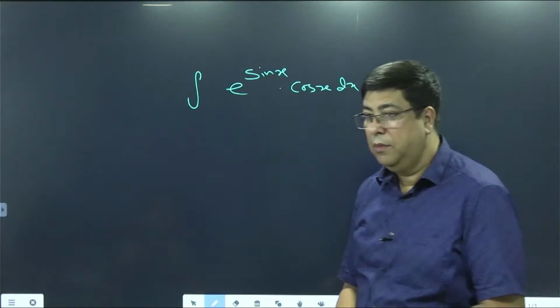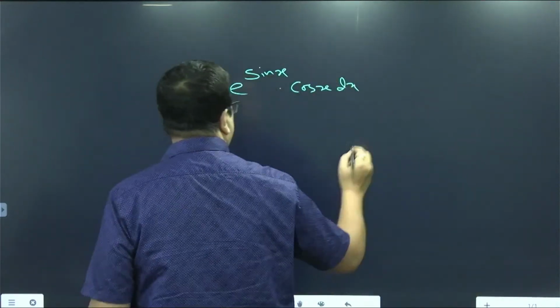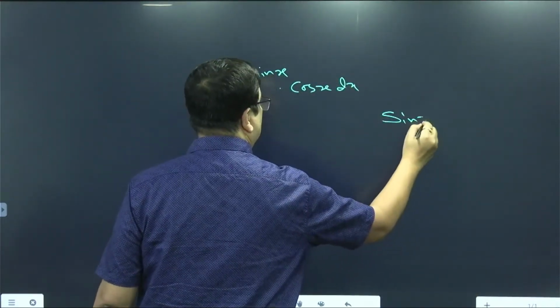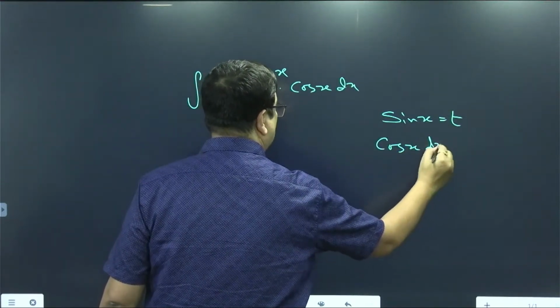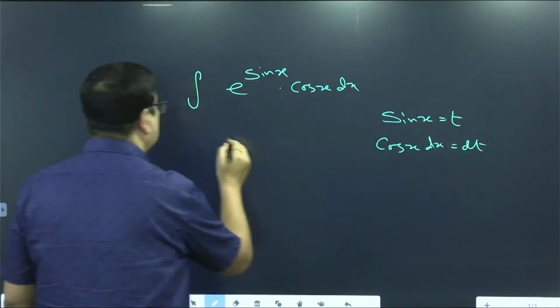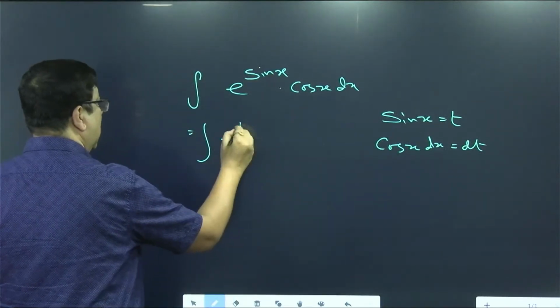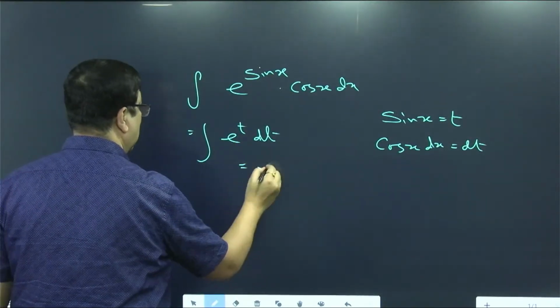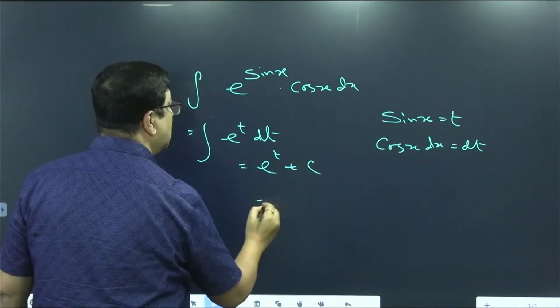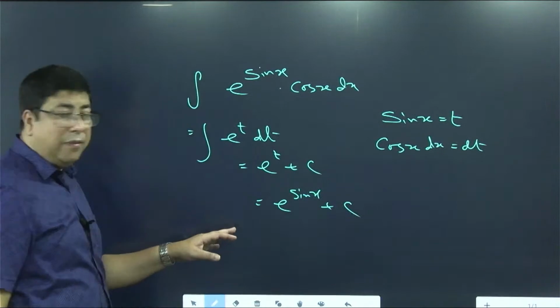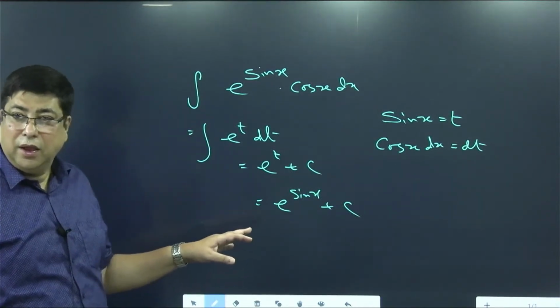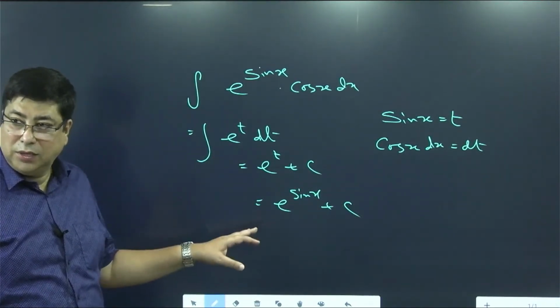If we take sin x as t, so cos x dx equal to dt. So we are getting here e to the power t dt. So answer is coming e to the power t plus c. So e to the power sin x plus c. So this basic level we are habituated. Okay, right? So we are habituated with this basic level.